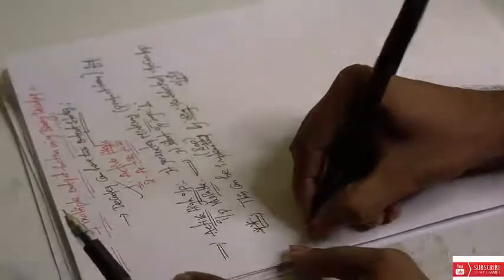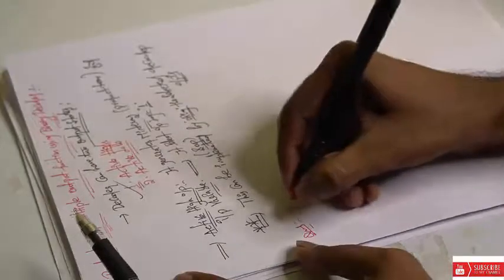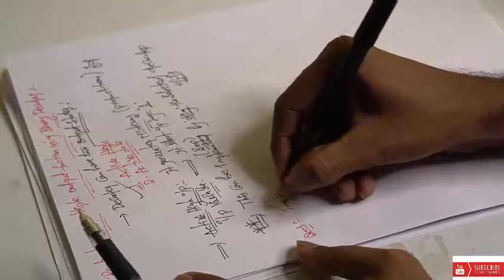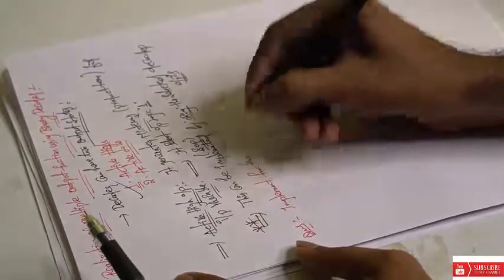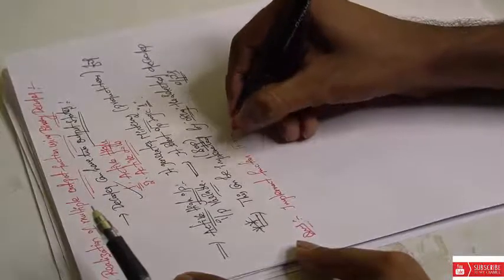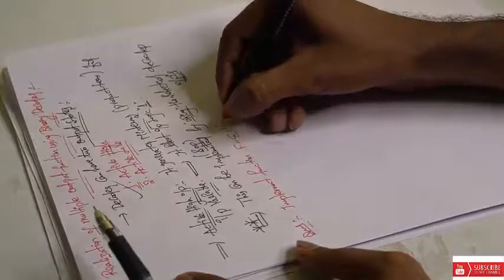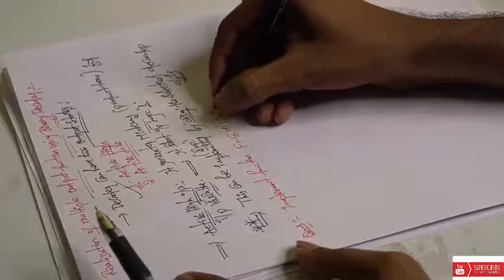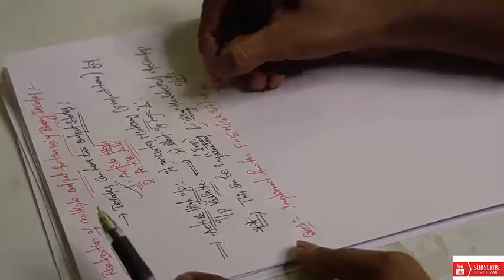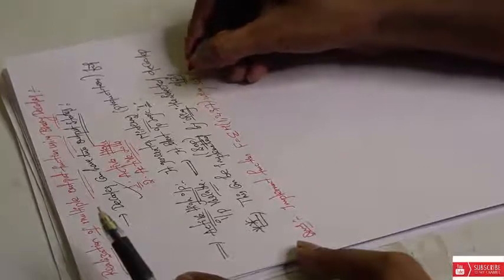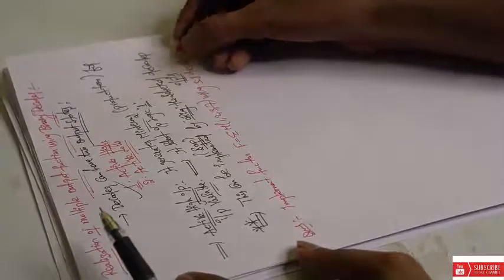Question: implement the function f is equal to summation of m 1, 2, 3, 7 using a 3:8 decoder.